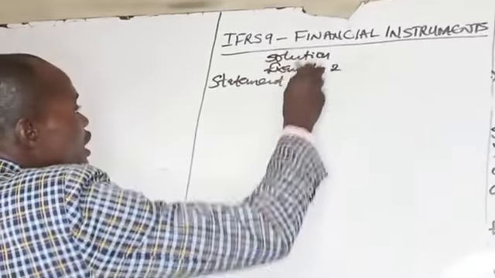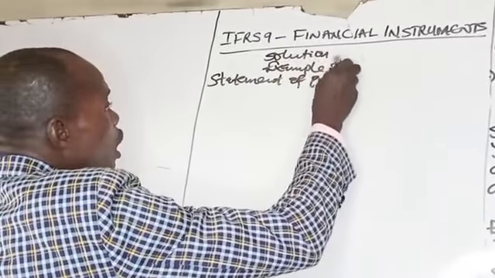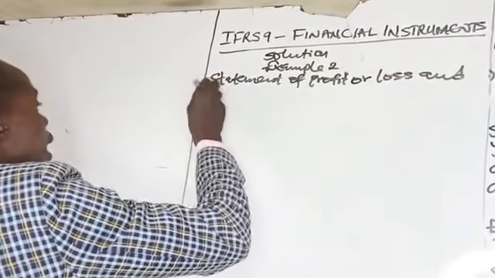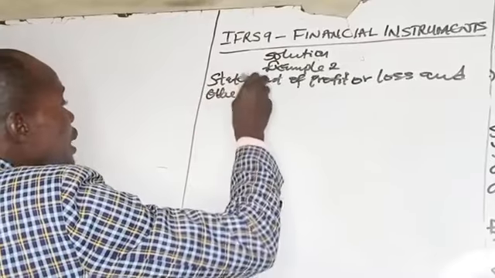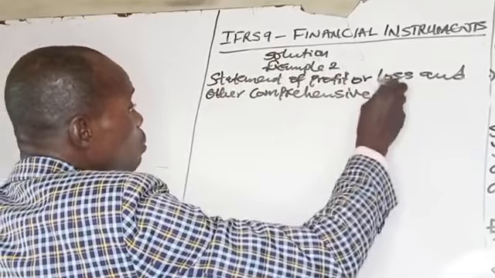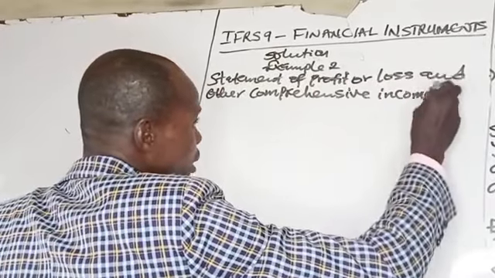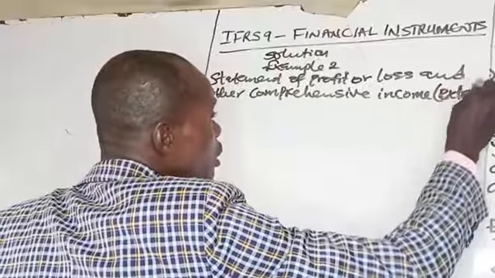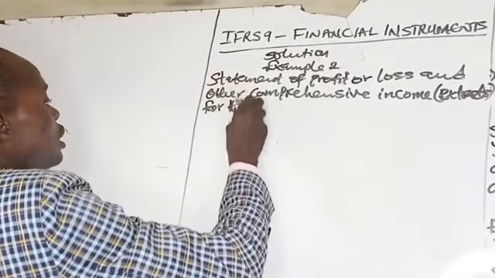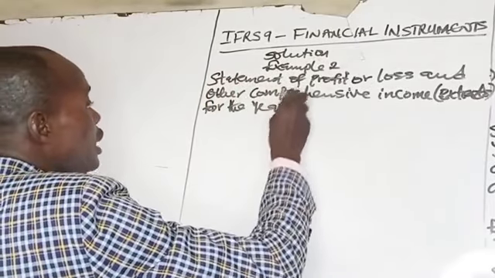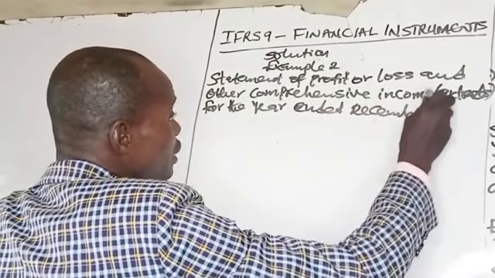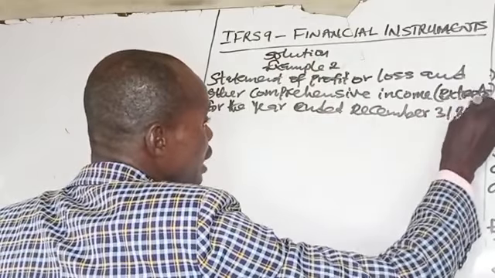Statement of profit or loss and other comprehensive income extract for the year ended December 31st, 20x7.